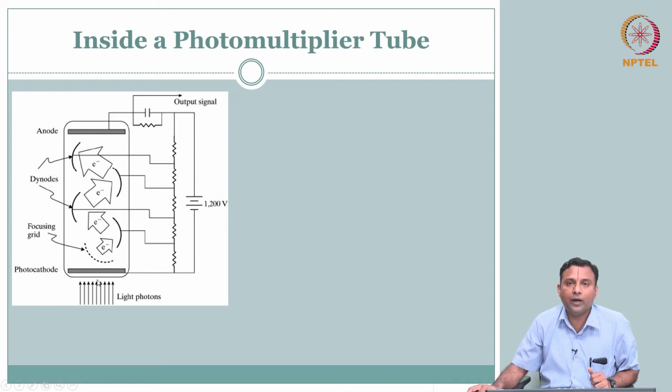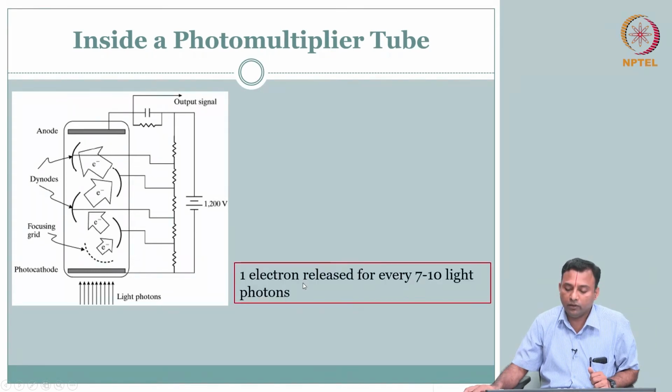For every one electron released here, it takes about 7 to 10 light photons. So in come about 7 to 10 light photons, and when they hit, you get one electron given out by the photocathode.